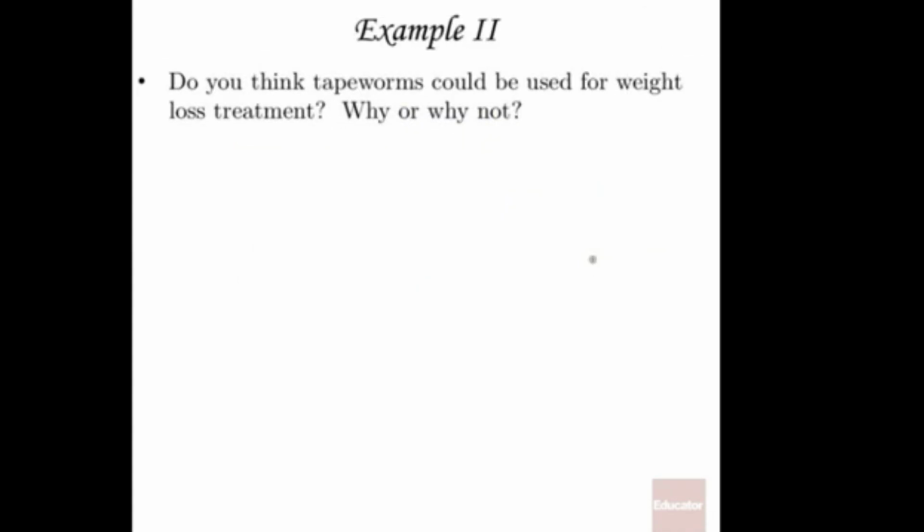So the second example really is trying to get at the question of, do you think tapeworms could be used for weight loss treatment? And honestly, as extreme as it sounds, again, there are individuals who actually have tried this. Now, there are several cautionary reasons why one wouldn't want to do this, because there is an extreme stage of this particular organism where the tapeworm certainly can migrate to other tissues, including, for instance, the nervous system.